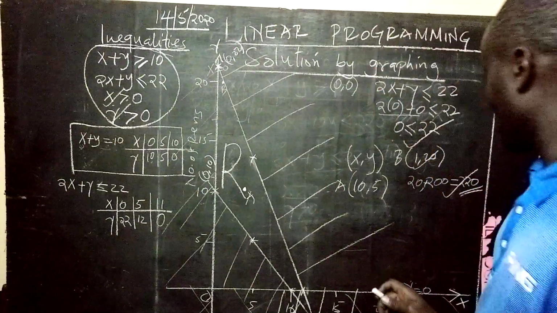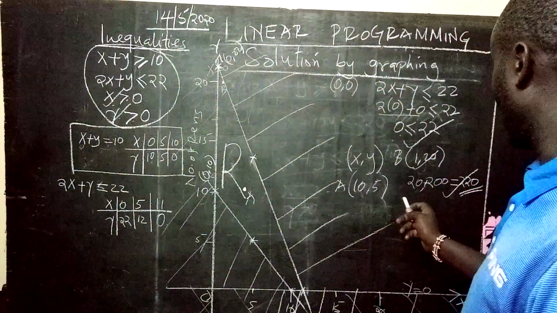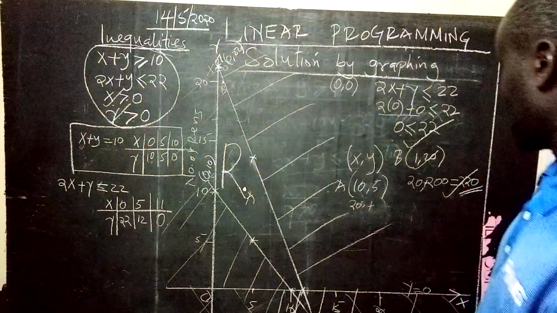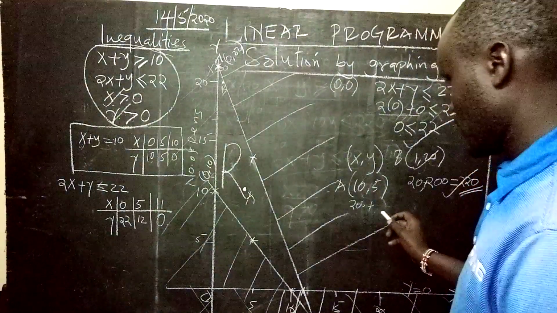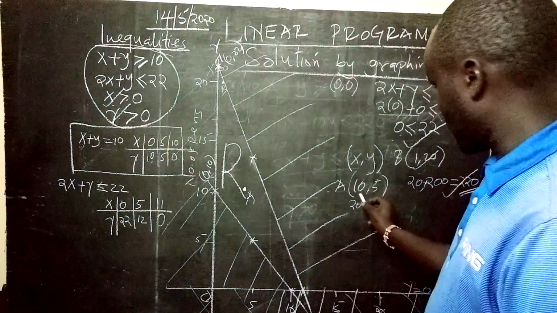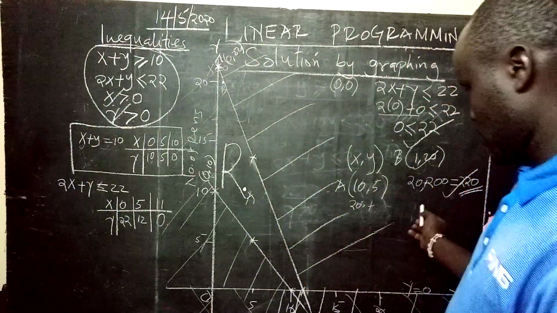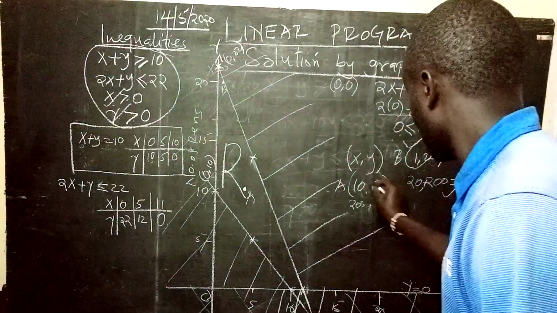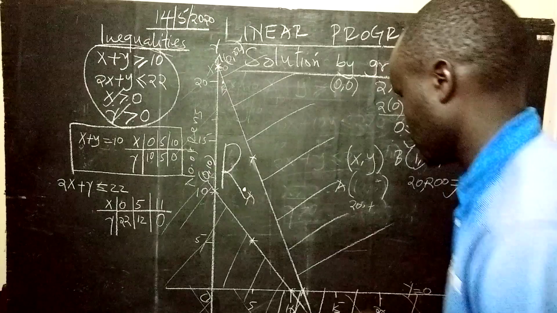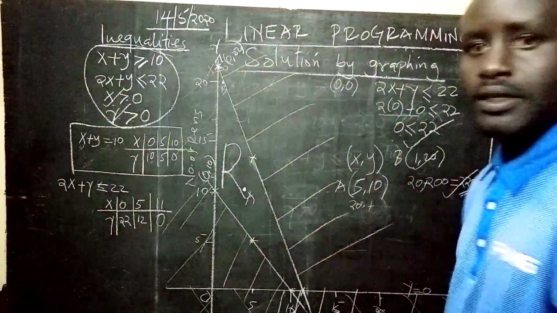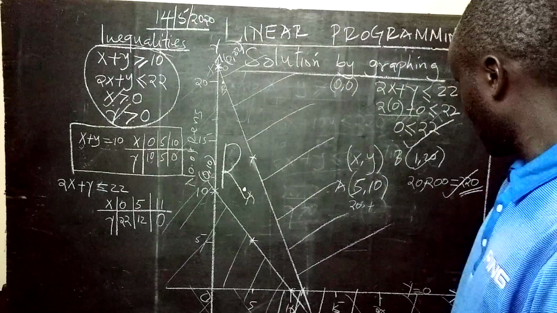Also here, this one is 200 plus 50. We have 10. No, the coordinates of this point are not 10, 5. It should be 5, 10. Sorry for that error.